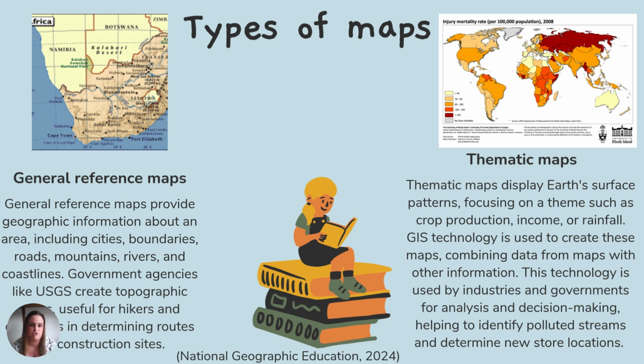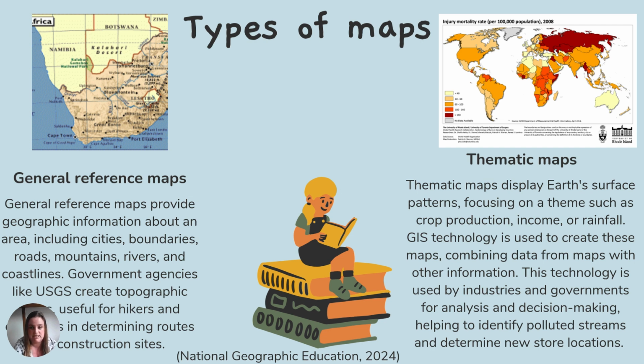So this is kind of like a survey, and sometimes the survey is presented in a map to show the different countries' income, rainfall, crop production, or if it would be for South Africa, for example, they would show a South African map, and then it would be our different provinces or even our different cities.